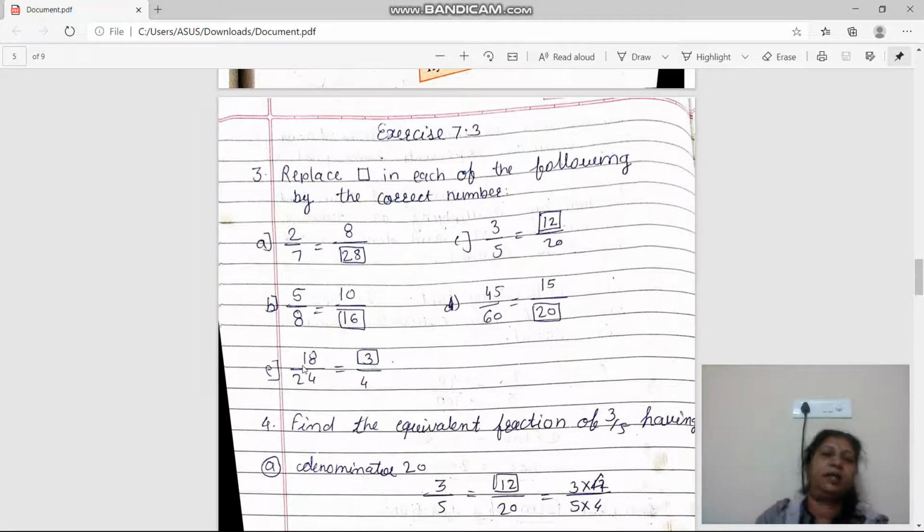Next, 18 upon 24 is equal to... 18 should be divided by 6 so that we get 3. So 18 divided by 6 we get 3 and 24 divided by 6 we get 4. Does everyone understand this? It is so easy. Fine. Now let's start the next question.